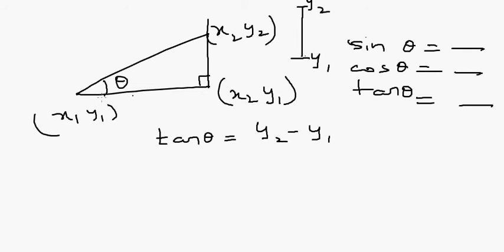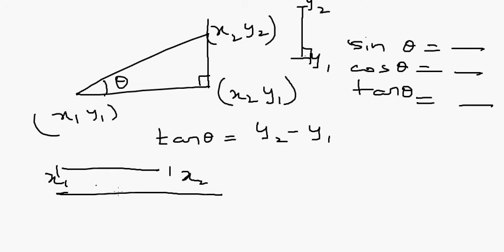Now the adjacent side. The adjacent side is parallel to the x-axis, so the only displacement is in x. Here the only displacement was in y, because there was no displacement in x. So we could easily subtract y2 minus y1. Here we can easily subtract x2 minus x1, as there is no displacement in y. It's just horizontal. Here it was purely vertical.